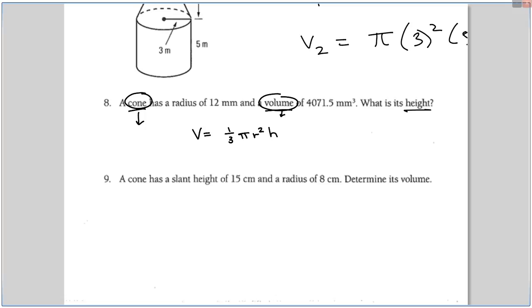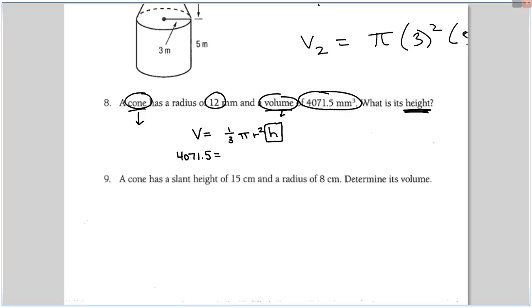Then it says what is the height. So if I was you, I would put a box around that. What is the height? This number 4071 is the volume. And they've given you the radius.